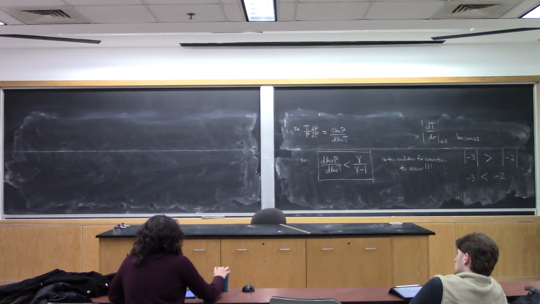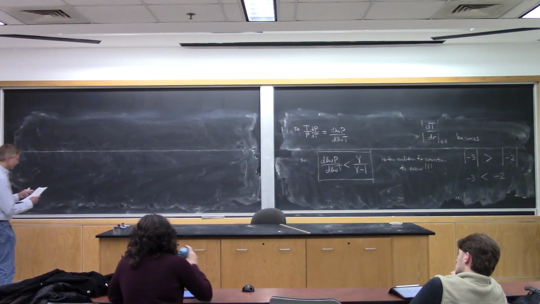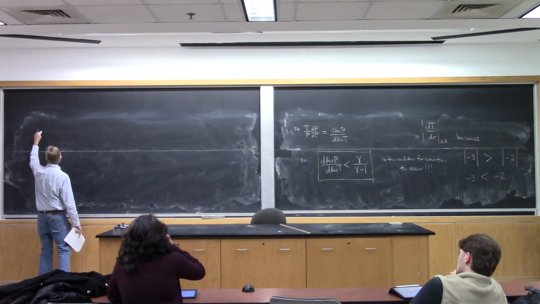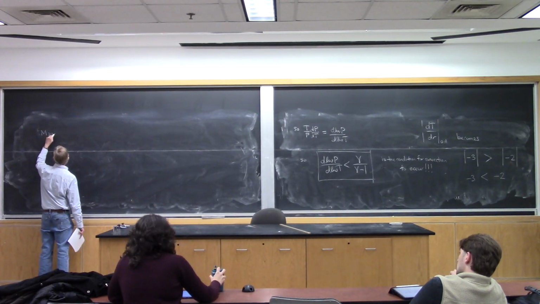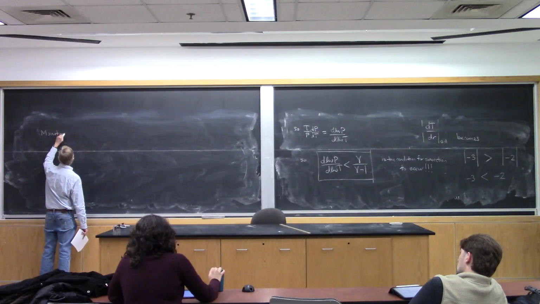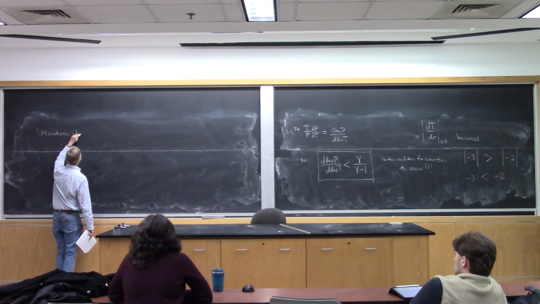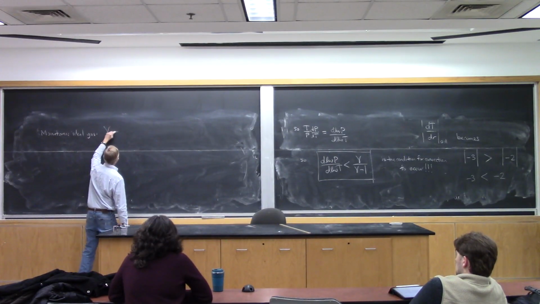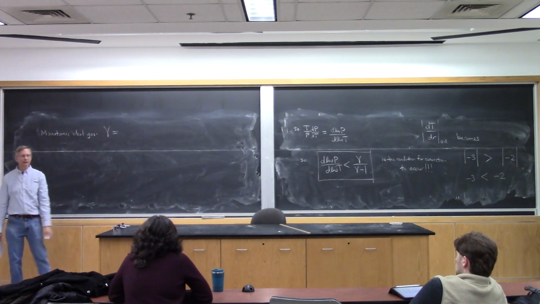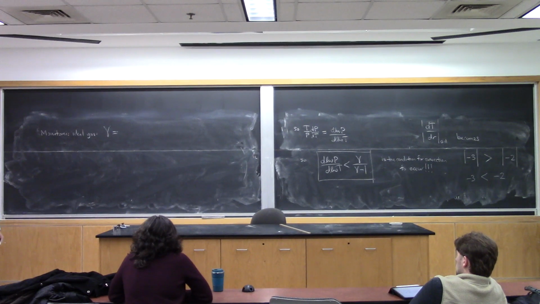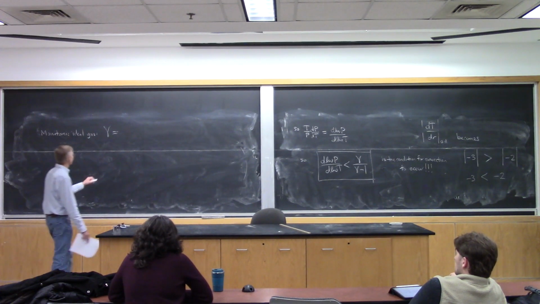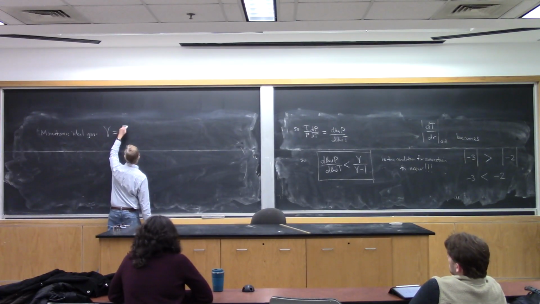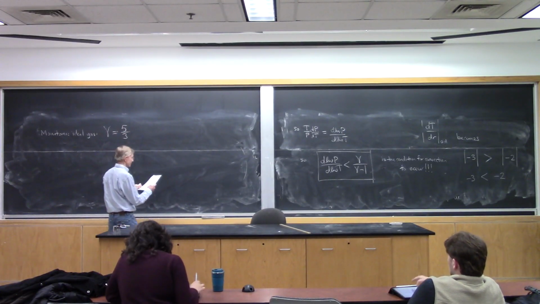Anyway, now let's look at a monatomic ideal gas. Anybody remember what was gamma for a monatomic ideal gas? It's 5/3. Monatomic ideal gas, gamma is 5/3.